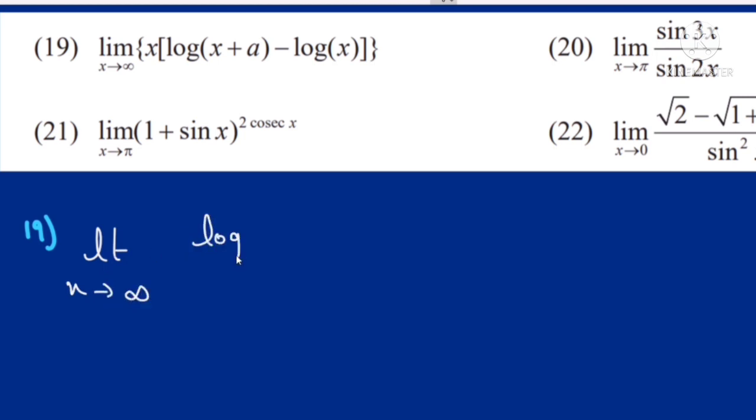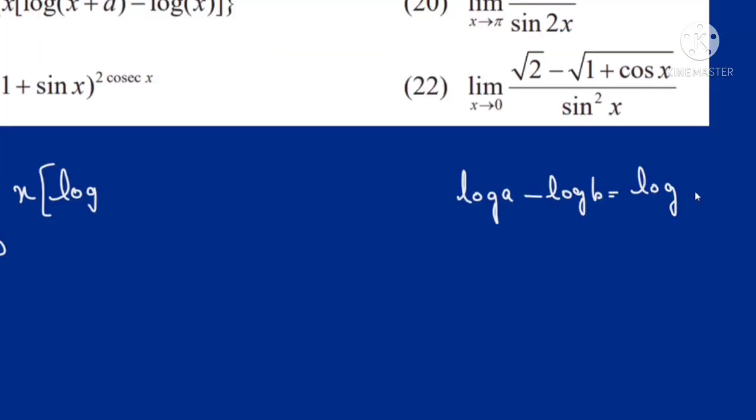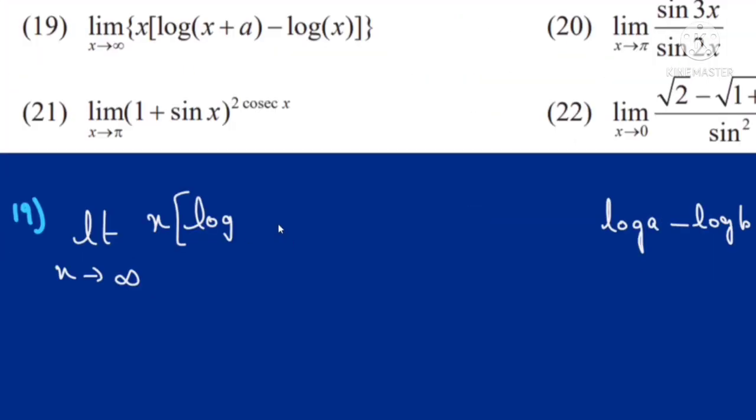Limit x tends to infinity, x into, apply the quotient rule here: log a minus log b is equal to log a by b. So it will become log x plus a by x.